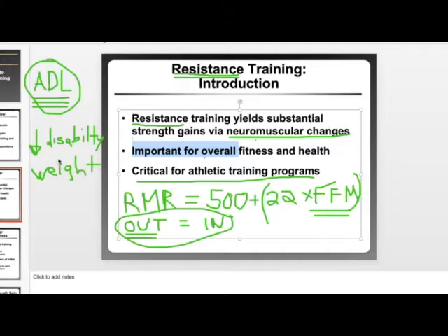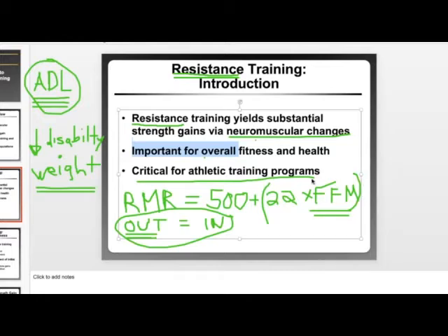So rather than telling an individual who wants to get control of their weight management to go on a treadmill, I actually would say, let's increase the amount of muscle mass that you have.